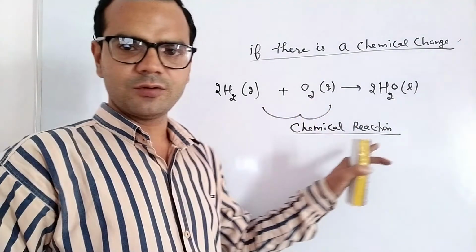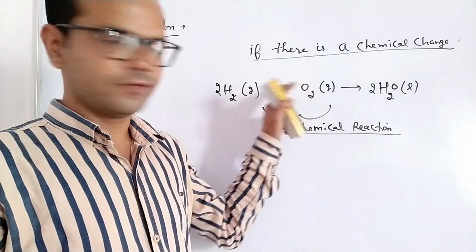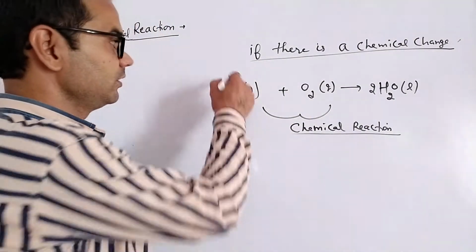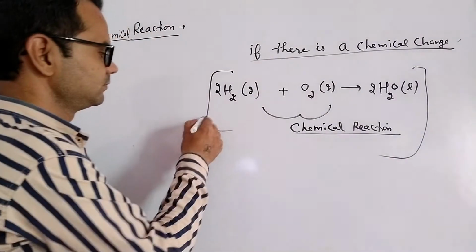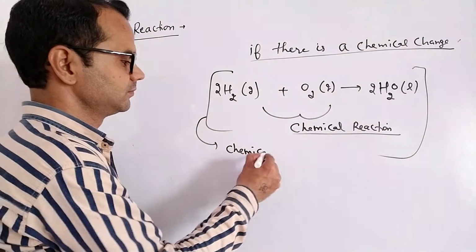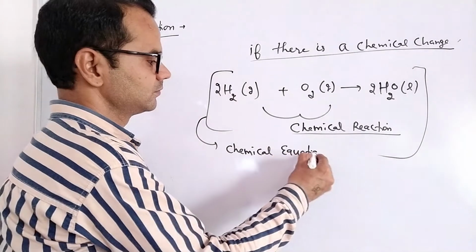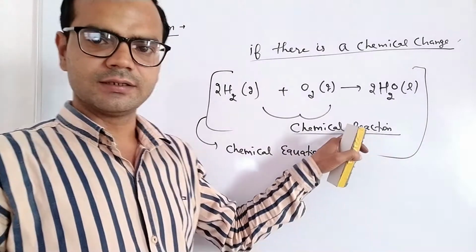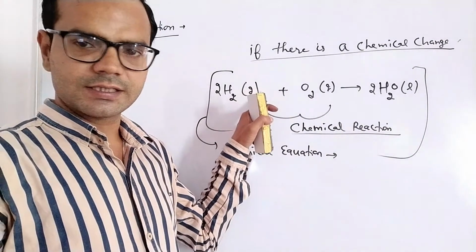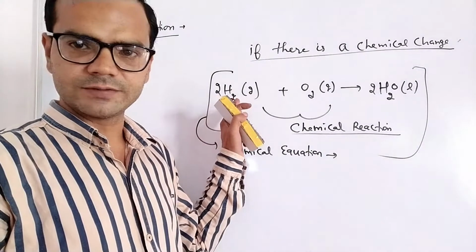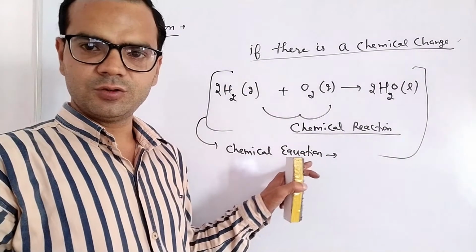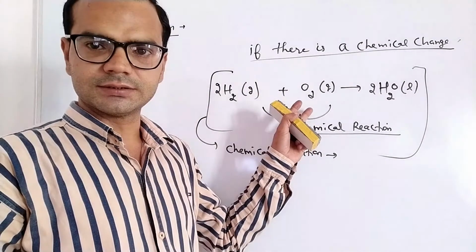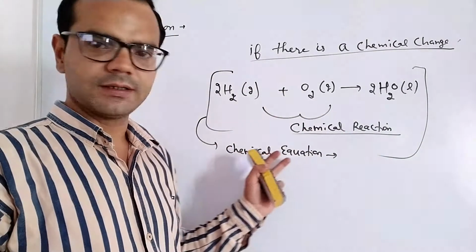But the representation of a chemical reaction with the physical state and with the balanced number of atoms is called a chemical equation, right? So we represent reactions, that is called a chemical equation.